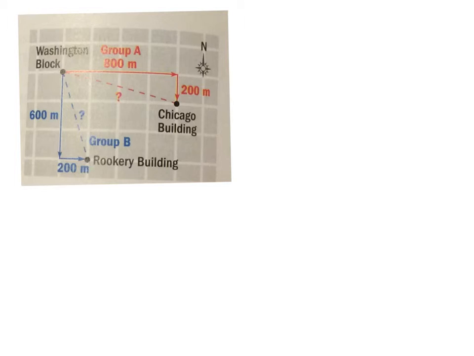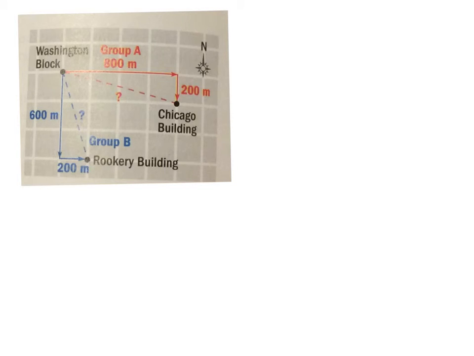In this last example, we're going to use irrational numbers for a real-world problem. Imagine that we are visiting Chicago and checking out some historical landmarks. So outside of the Washington block, we're going to divide into two groups. Group A is going to go about 800 meters to the east and 200 meters to the south to get to the Chicago building.